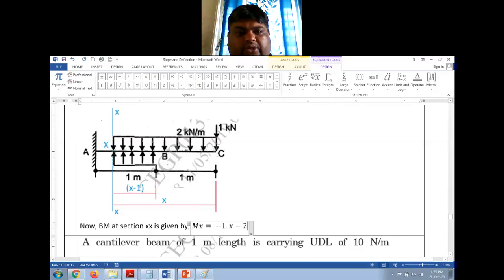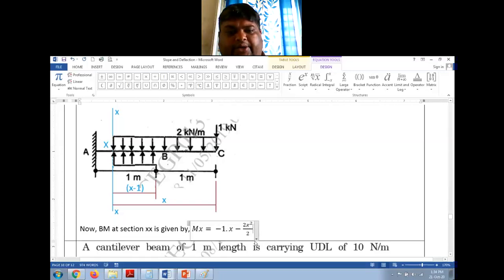The length of UDL here is x, and it is acting at x by 2 distance from this support, right? So x into x by 2, or it will become x square by 2. It is 2x square by 2.